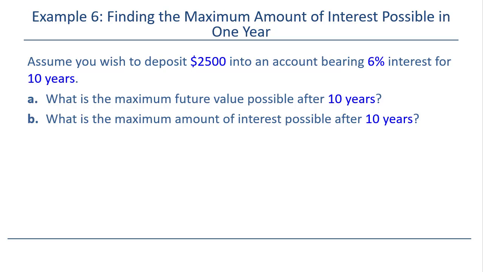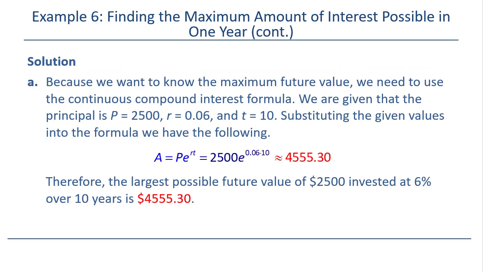So assume you wish to deposit 2,500 into an account that gives you 6% interest for 10 years. What is the maximum future value possible after 10 years? And what is the maximum amount of interest possible after 10 years? Well, we know that the maximum amount is always going to be with continuous compounding. So we would do continuous compounding with our 2,500, our 6%, our 10 years.